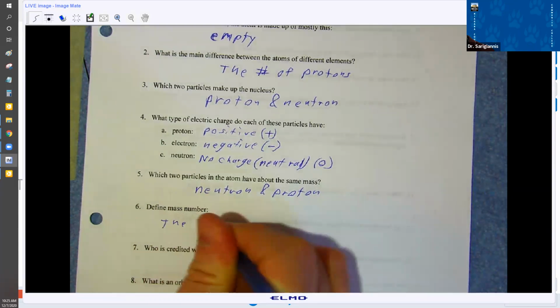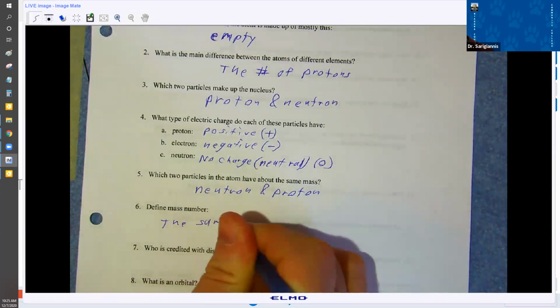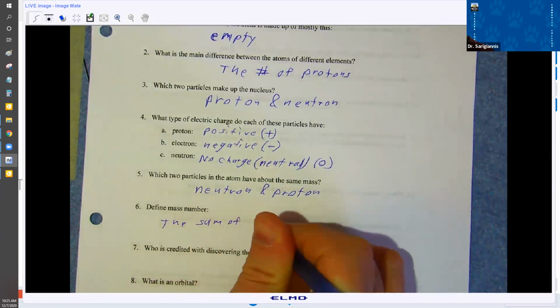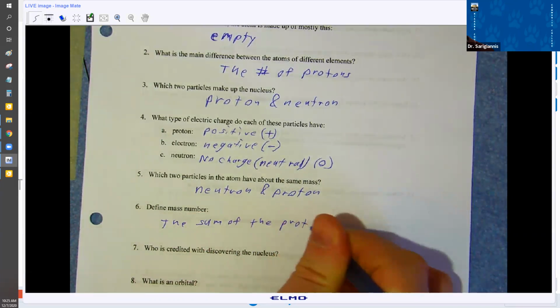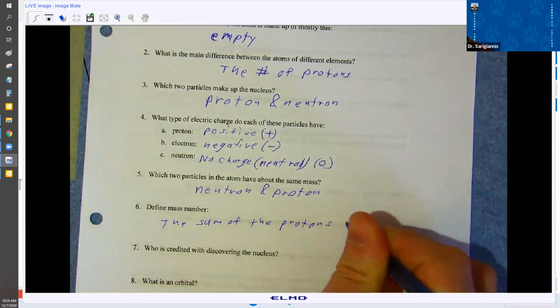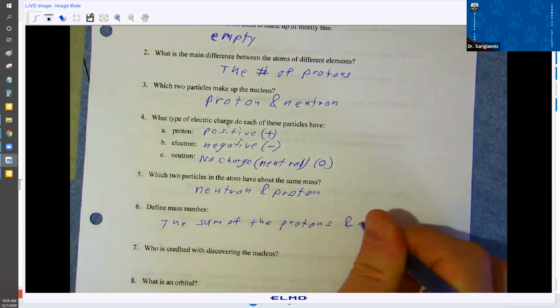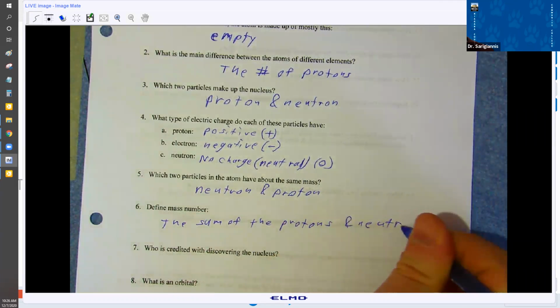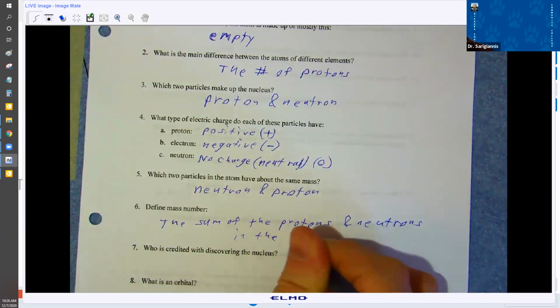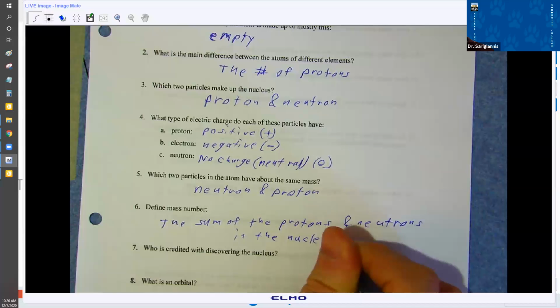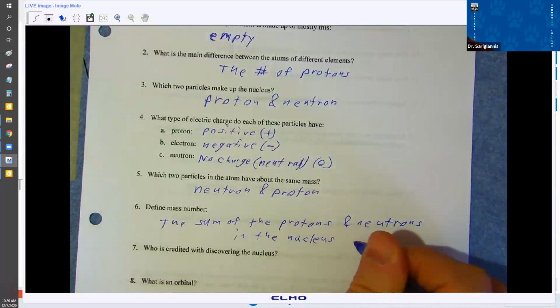It's the sum of protons and neutrons in the nucleus.